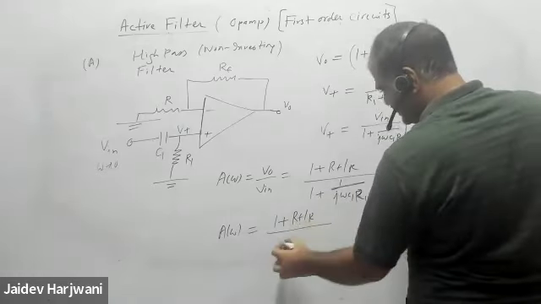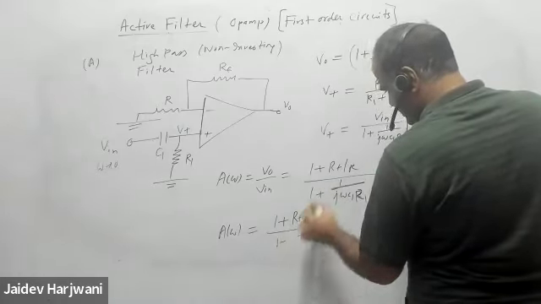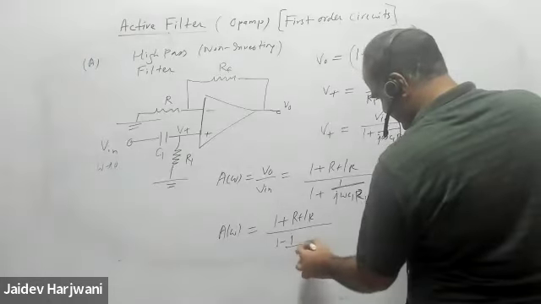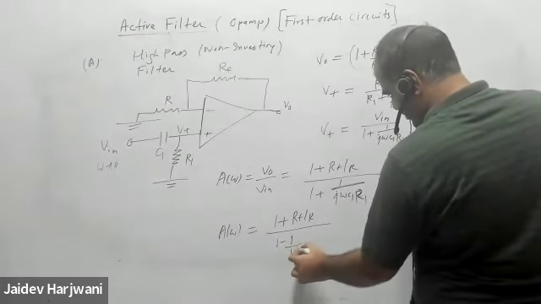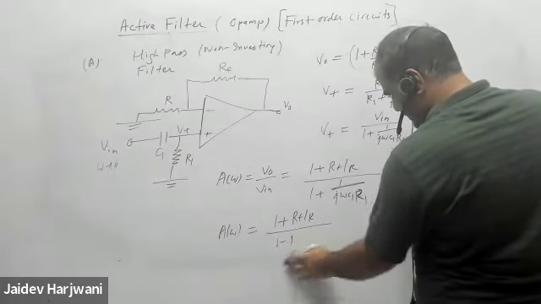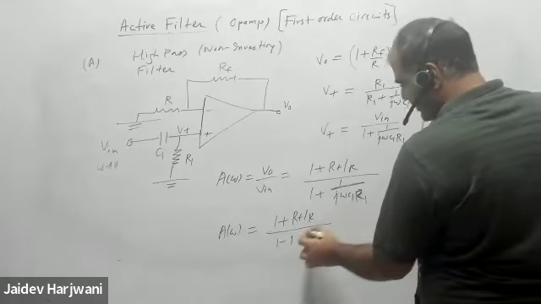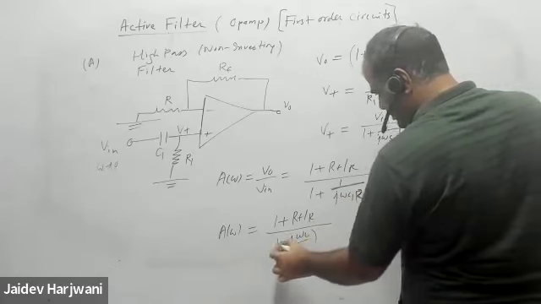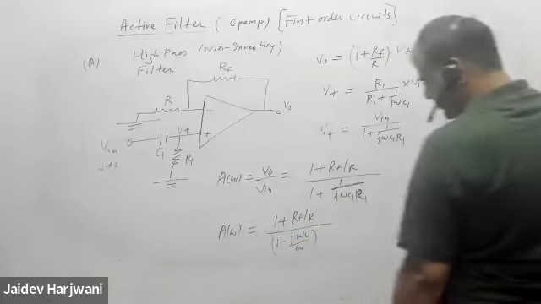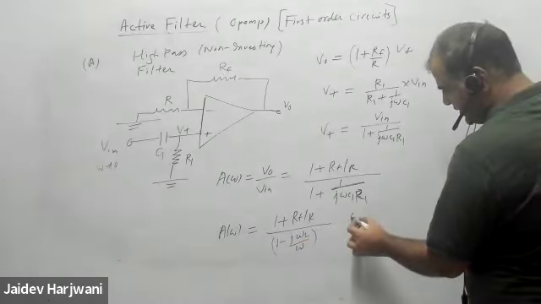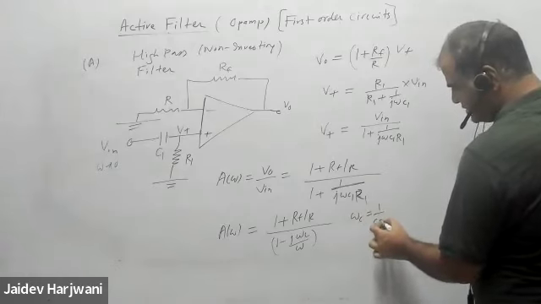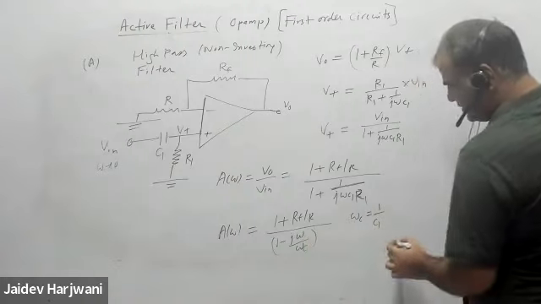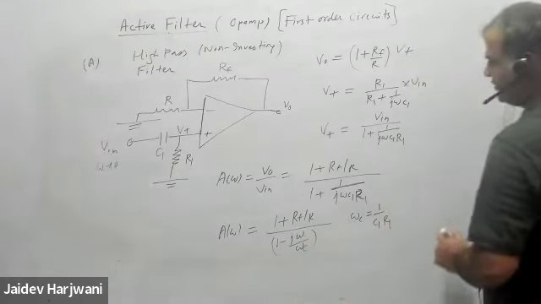This we can write as 1 minus J, okay, 1 by omega C1 R1. I'm defining this as omega C upon omega, where omega C I'm defining as 1 upon C1, 1 upon R1.